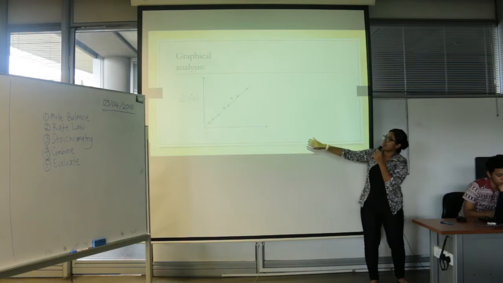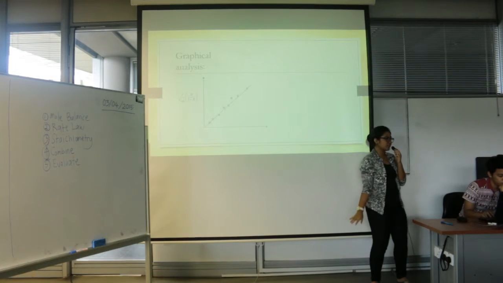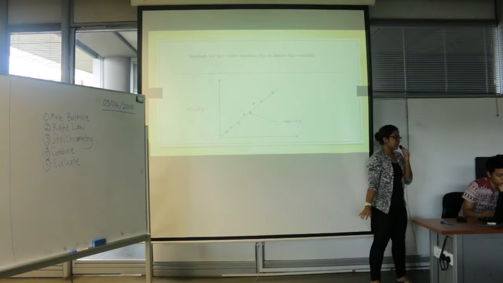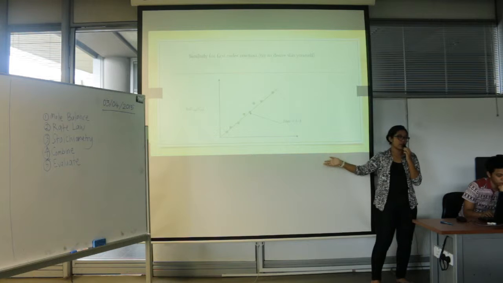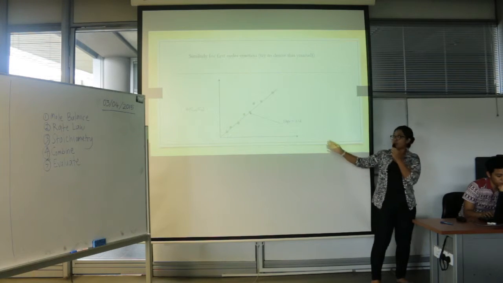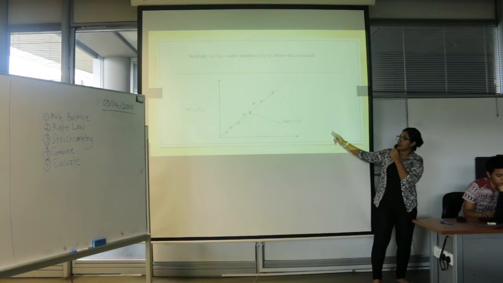We get a linear plot. Similarly for first order reaction, you can try it yourself and get the y-axis ln C_A0 over C_A, and then we get the slope k.